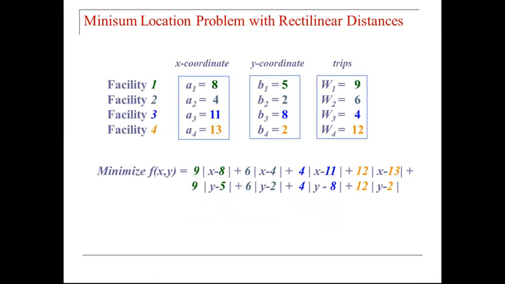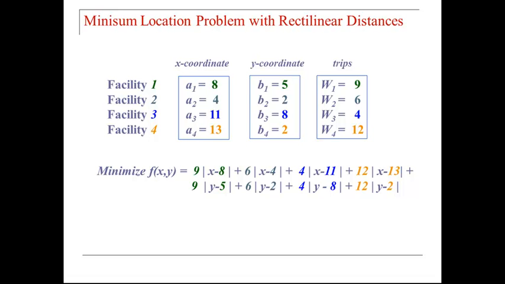So we can take this information and formulate our objective function using the details. As you can see, the first part of the objective function is only with x values, or with the x variable.